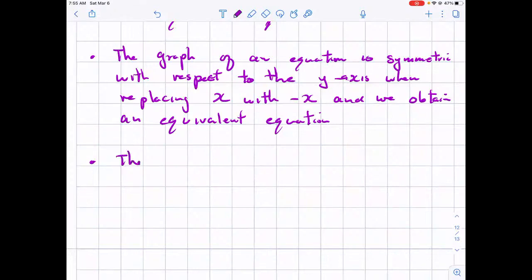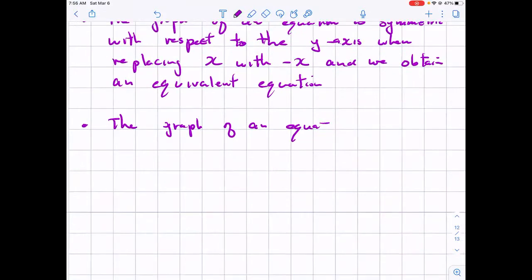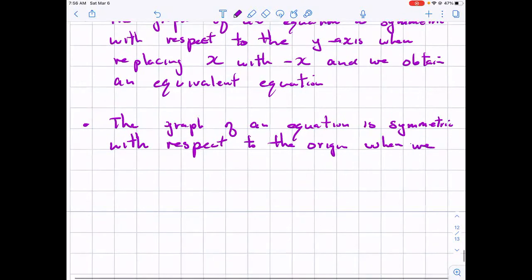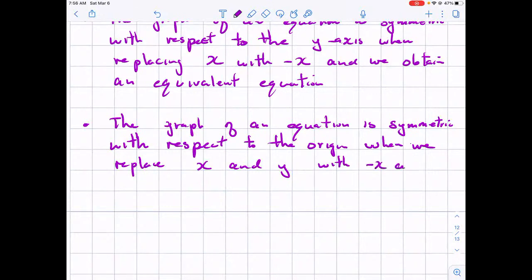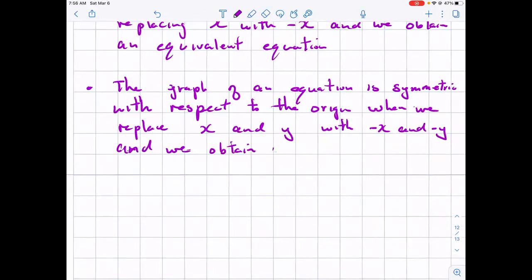So the graph of an equation is symmetric with respect to the origin when we replace x and y with minus x and minus y, and we obtain an equivalent equation.